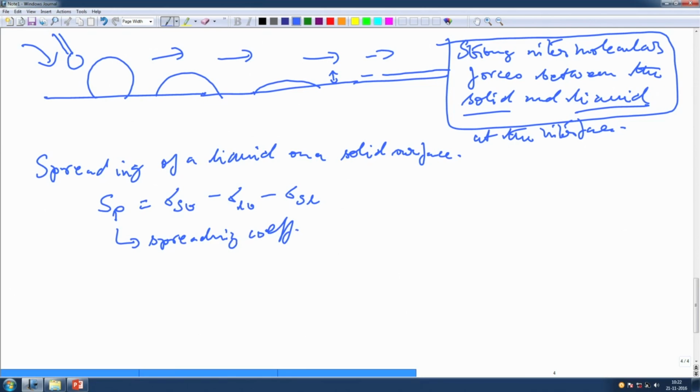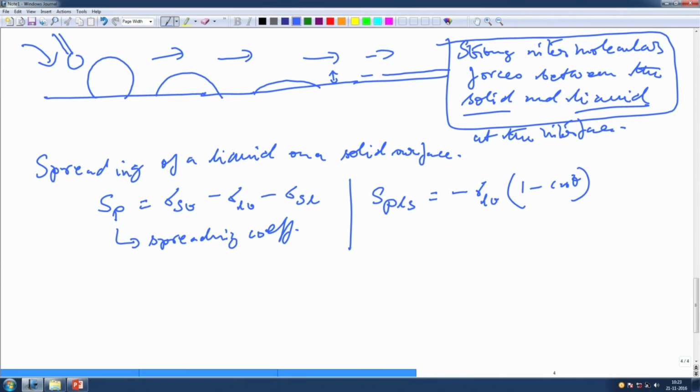It is a measure of the ability of the liquid to spread over a solid substrate, whatever solid substrate we are speaking of. Now, in this same context, for a liquid on a solid, S_LS, we can substitute the relationship between the contact angles, and this is what we get: sigma_LV multiplied by (1 minus cos theta).